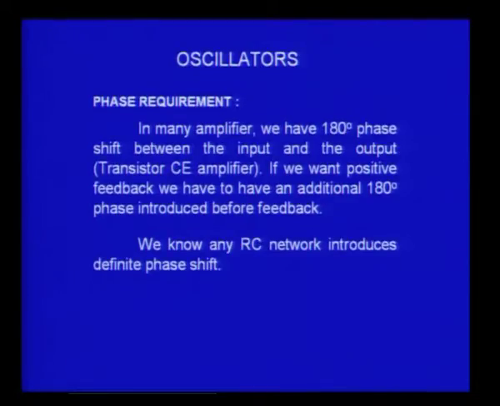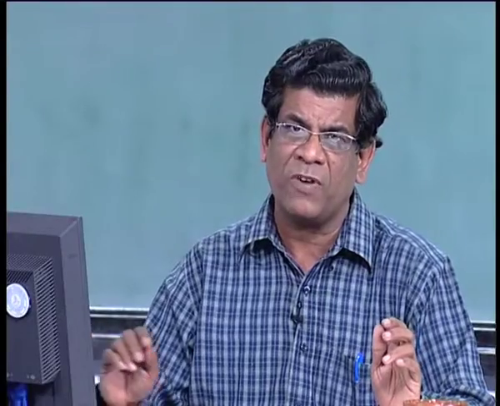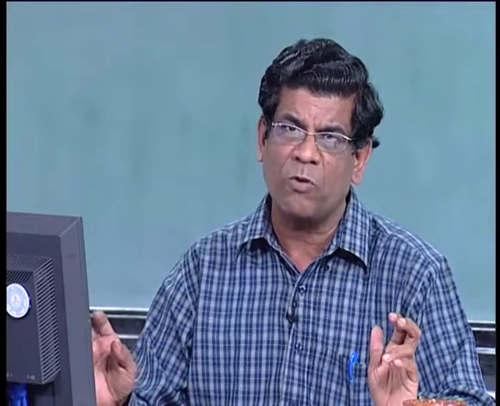So this 180 degrees shift is already built into the amplifier due to the common emitter configuration. So if you want to have a feedback, the feedback should be positive. That means the input voltage should be in phase with the voltage fed back from the output. If you take the output directly from this amplifier and give it at the input, it is 180 degrees out of phase.